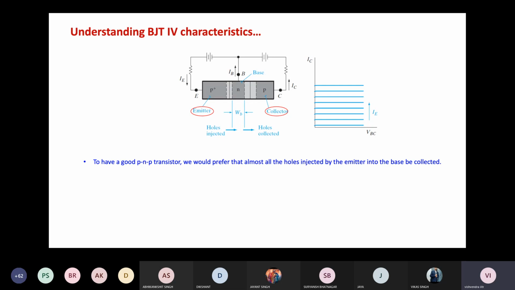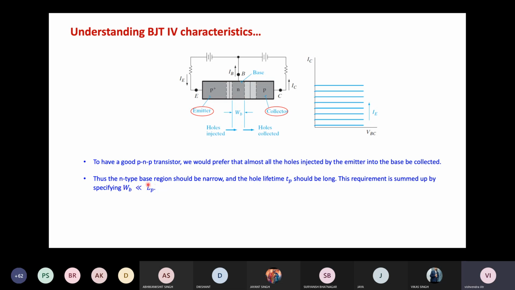And in order to do that, we also need to reduce the time the holes spend in the base terminal. So we reduce the doping of the base, and to reduce the time the holes spend in the base, we reduce the width of the base part of the device.